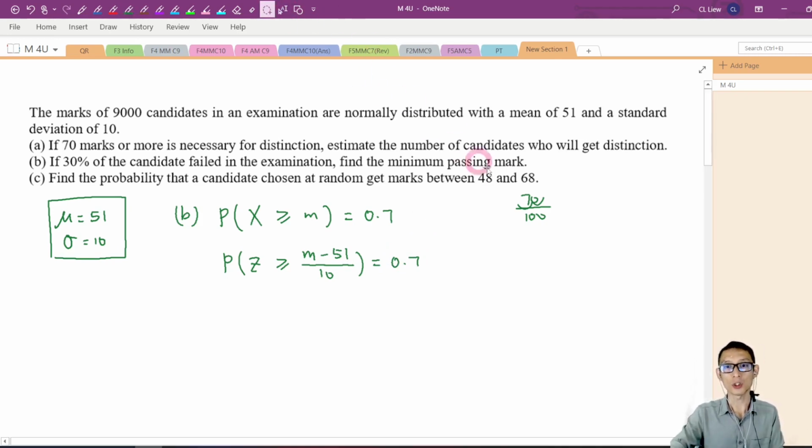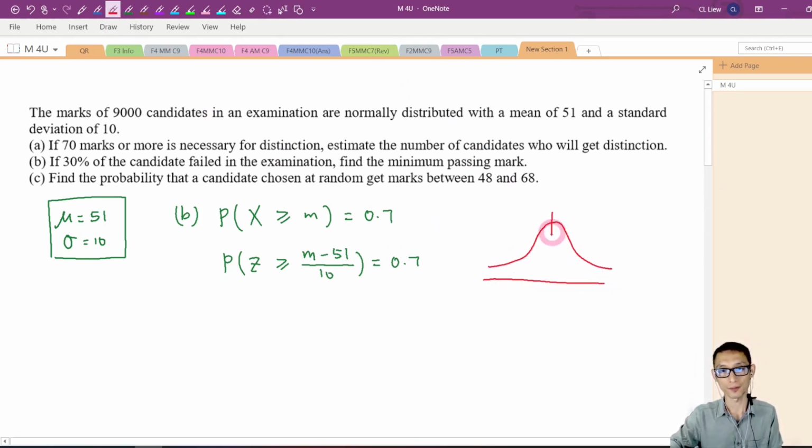Now, as usual, I suggest you sketch a diagram to help you plan how to proceed. So this is not 0 because the mean is actually 51 here. But if you have converted to a Z value, then it will be 0. So here, this time, this is 0 because we already converted to a Z value.